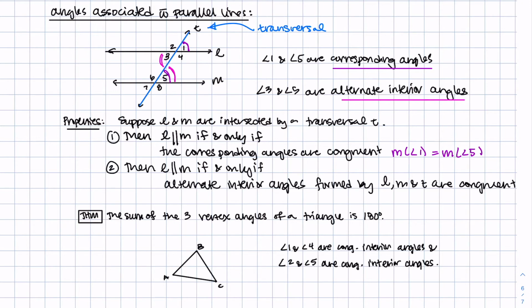So it would suffice to say that the measure of angle 1 is equal to the measure of angle 5. I wouldn't also have to show that angle 2 equals angle 6. Technically we'd probably want to do a little more work to show that's true, but it is.